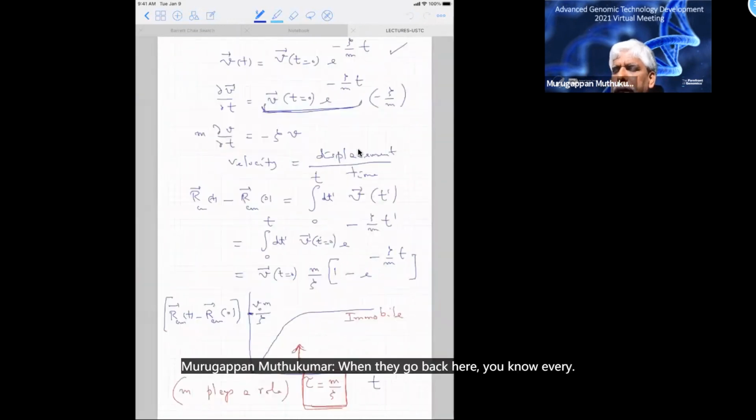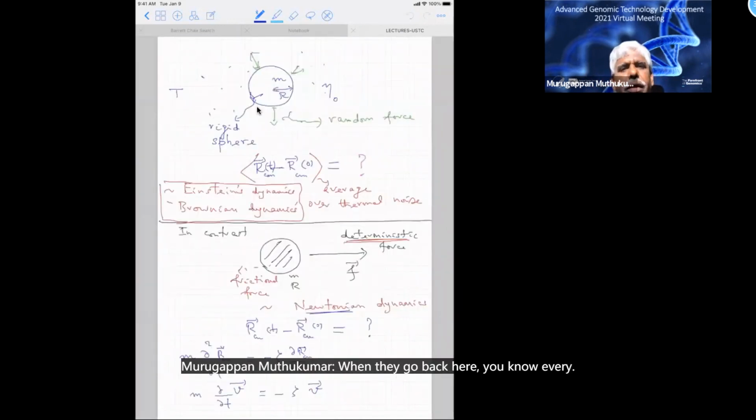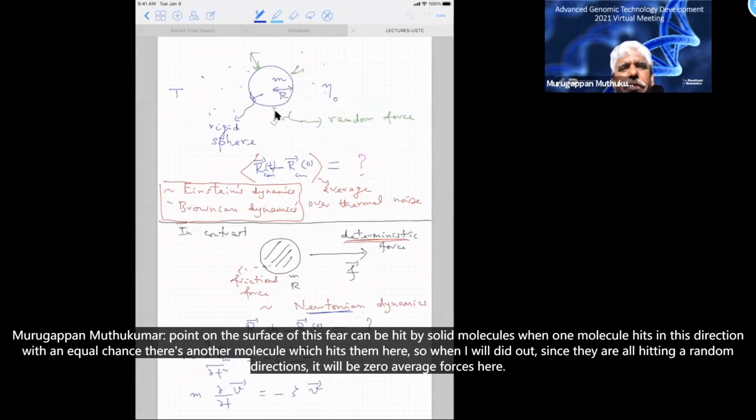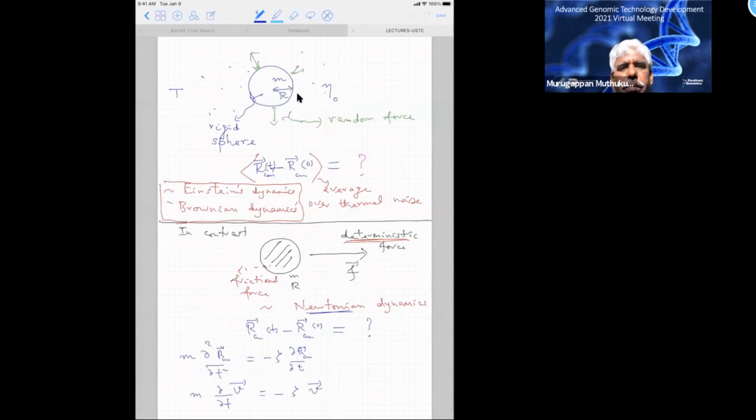When I go back here, every point on the surface of the sphere can be hit by solvent molecules. When one molecule hits in this direction, there's an equal chance another molecule hits from the other side. So when I average it out, since they are all hitting in random directions, it will be zero. Average force is zero.